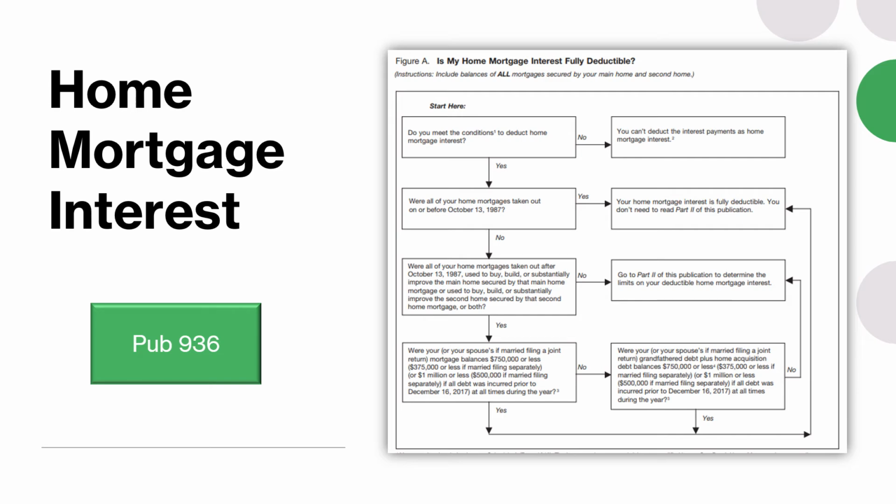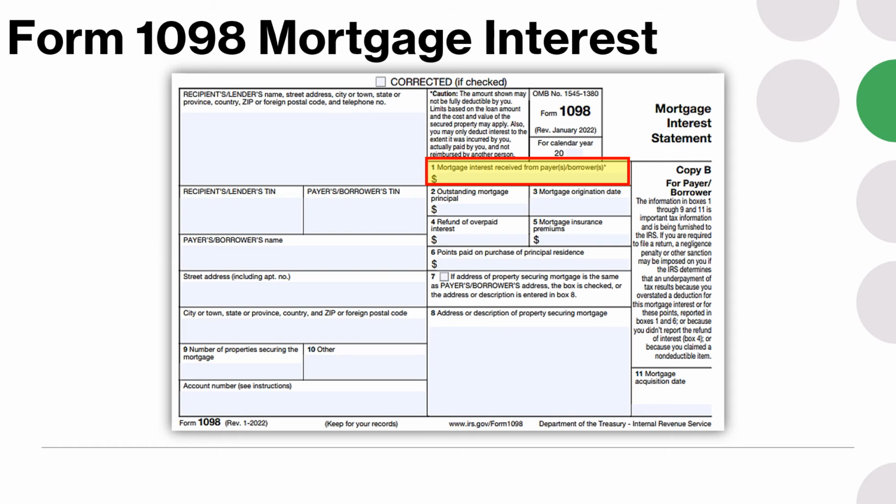Schedule A. And generally speaking, mortgage interest is going to be reported to the taxpayer on this Form 1098 mortgage interest statement. And as I mentioned when we were talking about the taxes, a lot of times this one will come looking more like a letter with maybe some columns or rows that correspond to these box numbers.